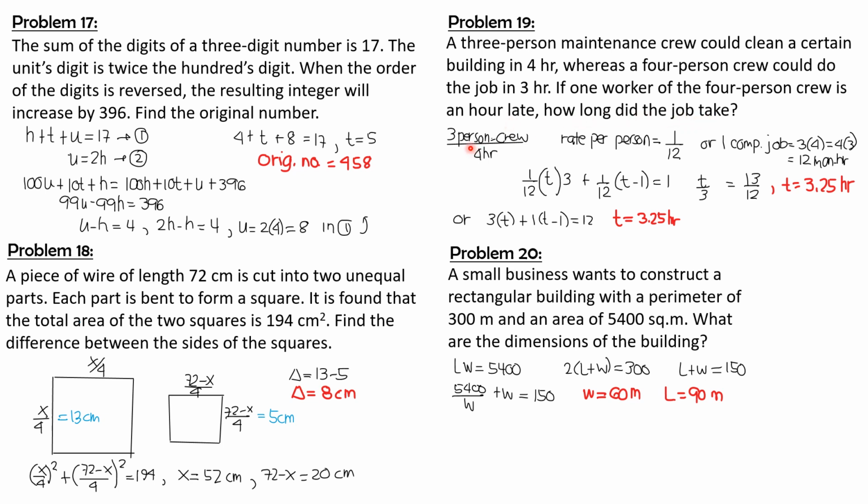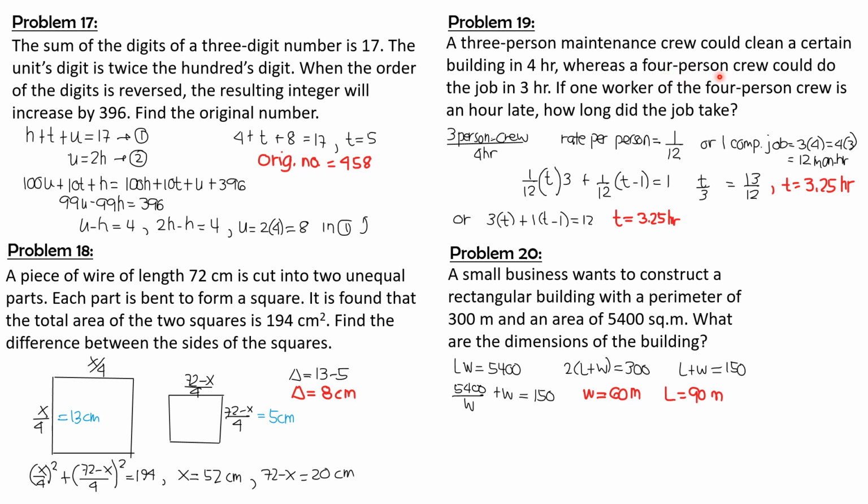So for a 3-person crew, they can finish it in 4 hours. So meaning to say the rate of one person is 1 over 12. Take note that one job can be finished in 3 times 4 man hours.